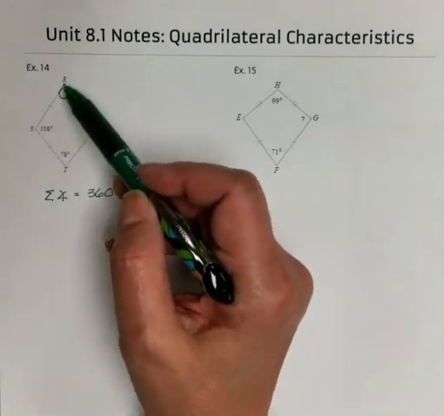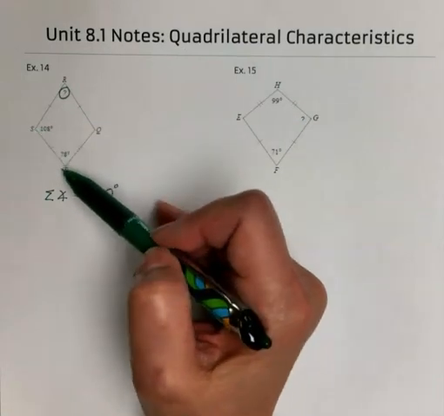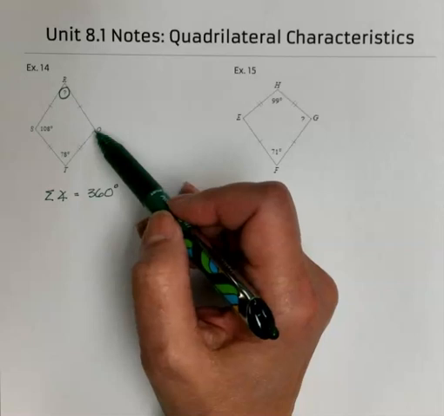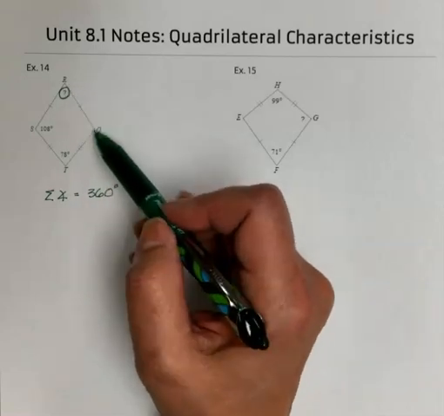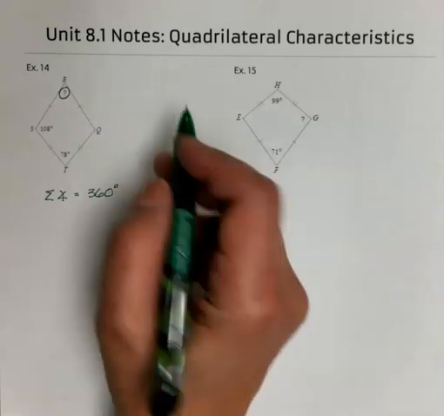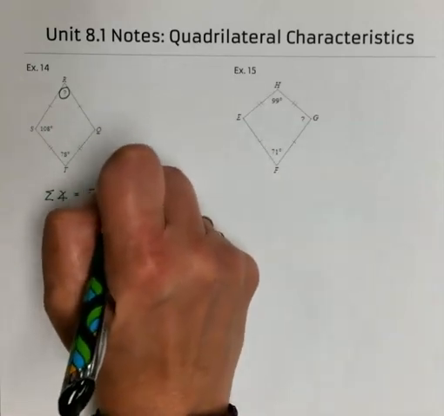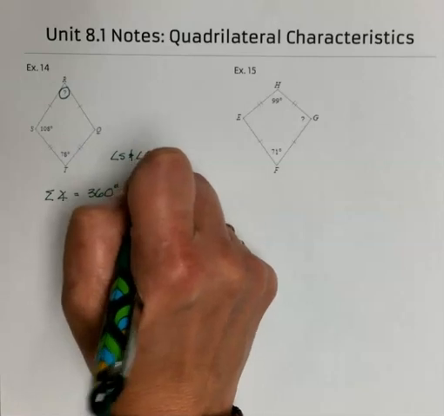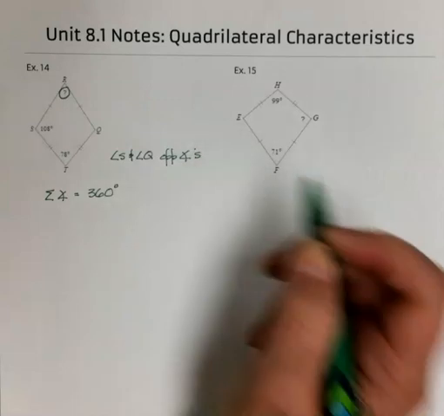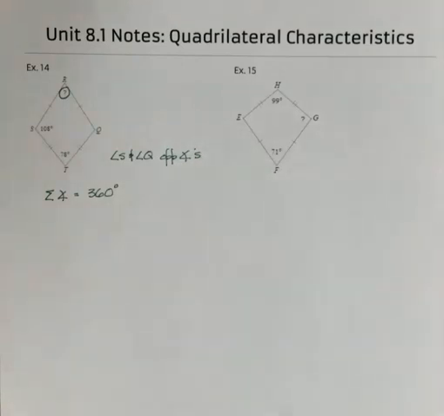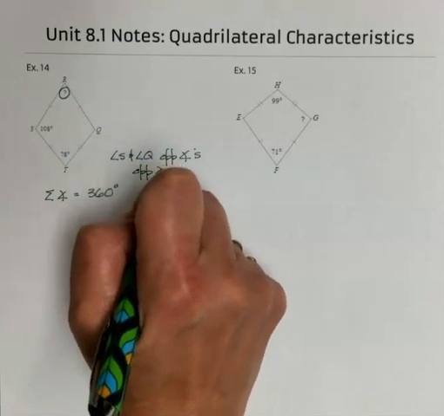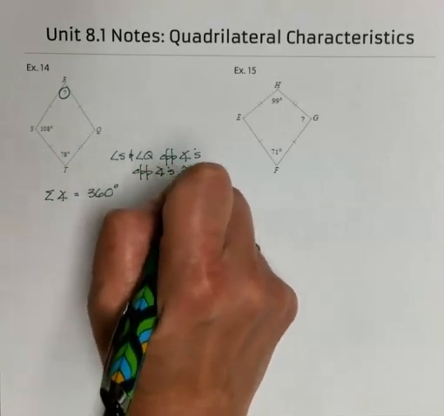Notice that angle S is formed by 2 consecutive non-congruent sides, and angle Q is formed by 2 consecutive non-congruent sides. So this means angle S and angle Q are called opposite angles in the kite. And what we know about the kite is opposite angles are congruent.